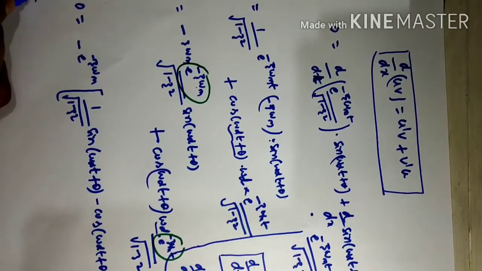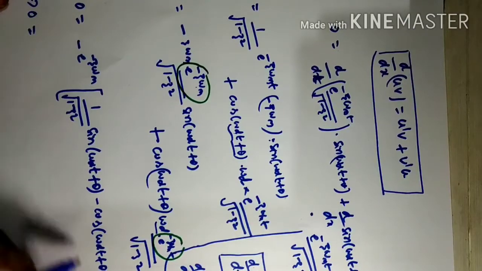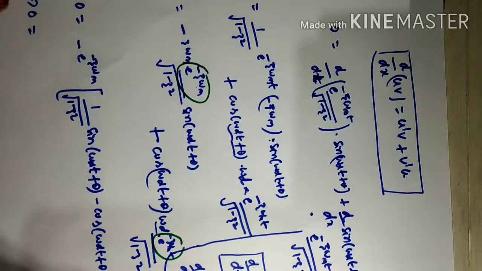So now you write omega_d is equal to omega n into root of 1 minus zeta square, you know that value, okay.